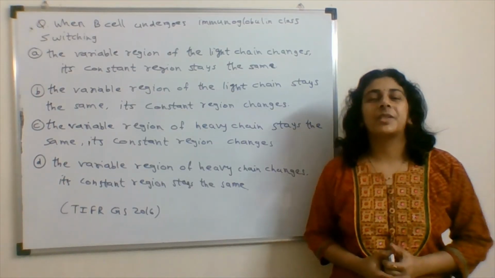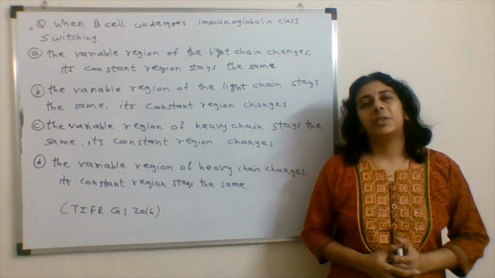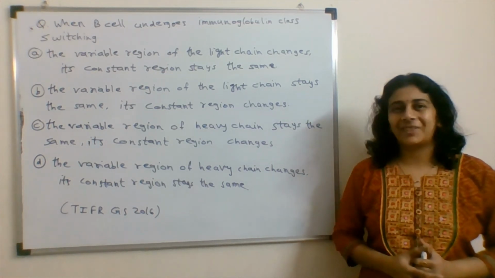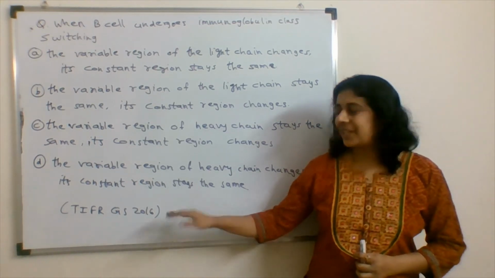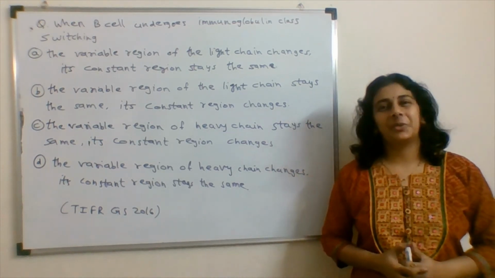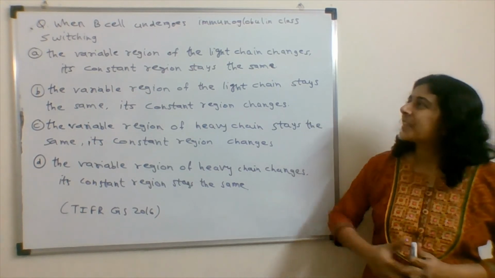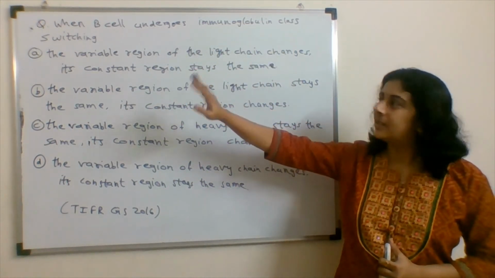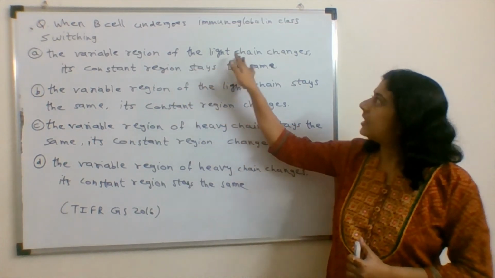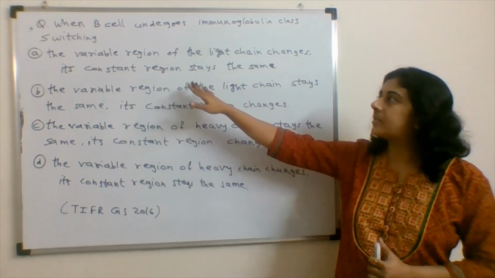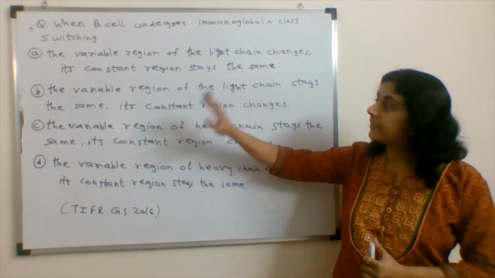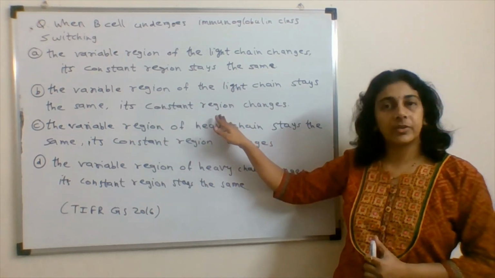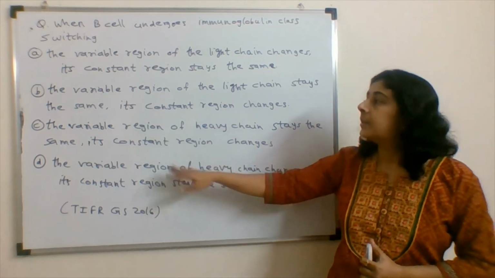It's time to have a question for my next video. The question is from the same topic, that is immunology, but the paper is different. The question is from TIFR-GS examination 2016. When a B cell undergoes immunoglobulin class switching, the variable region of the light chain changes, its constant region stays the same. Or the variable region of the light chain stays the same, its constant region changes.